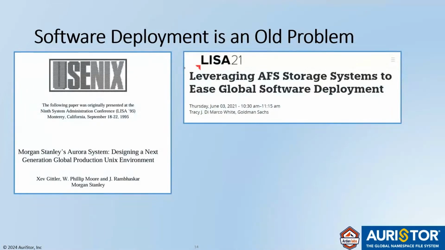And so, here's 2021. The banks are very proud of what they've done, and they let their engineers talk about it at conferences. At the LISA conference in 2021, a Goldman Sachs engineer gave a talk on leveraging AFS software to ease global software deployment.